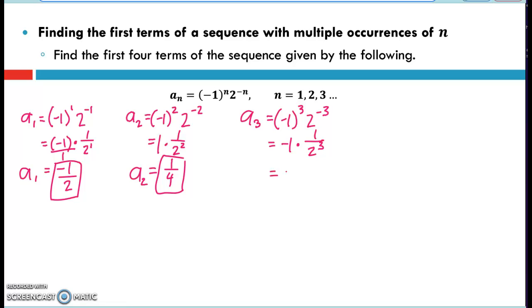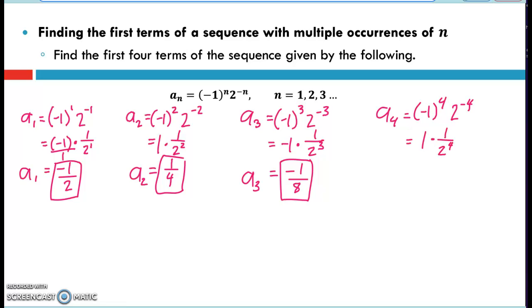Multiply across, we get -1/8 for our third term. And for our fourth term, we get -1 to the 4th power times 2 to the -4. So this is a +1 times 1 over 2 to the 4th power. So our fourth term is equal to 1 over 16.